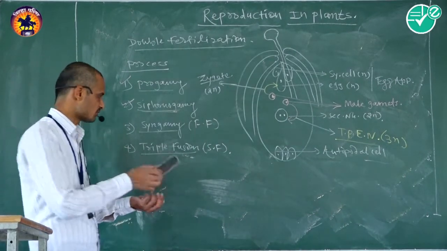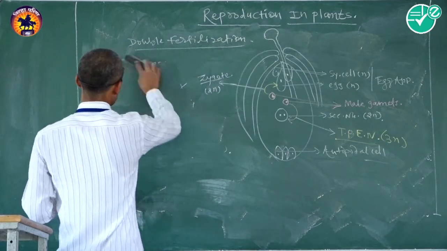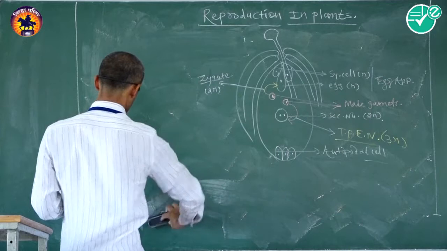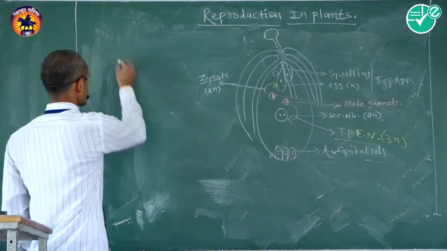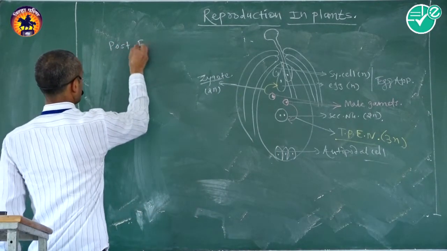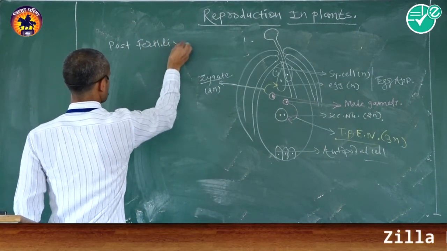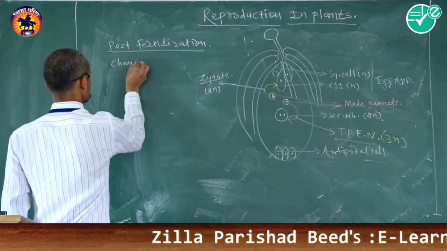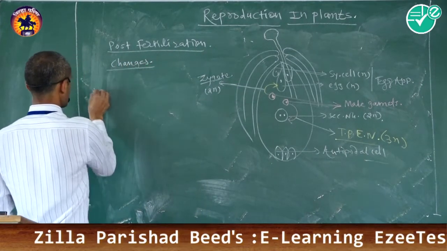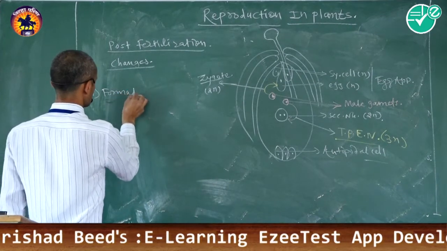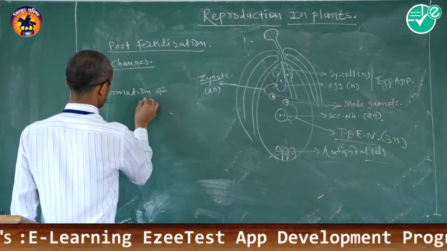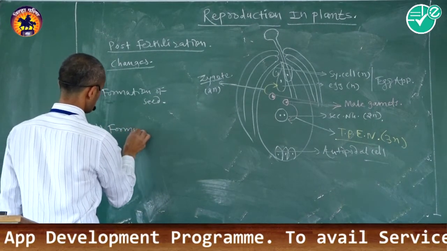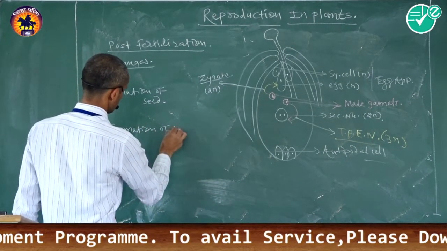Okay. Then I will talk about the last article during this topic, that is post fertilization changes in angiosperms. Post fertilization changes, that is formation of seed and formation of fruit.